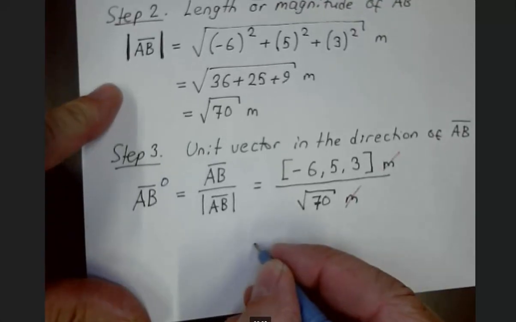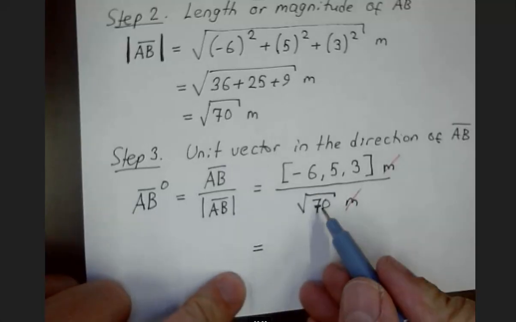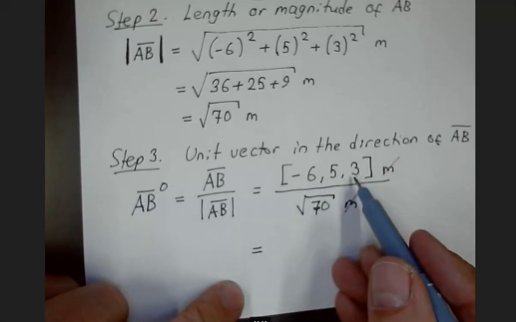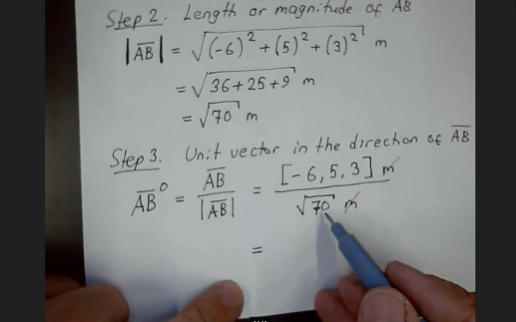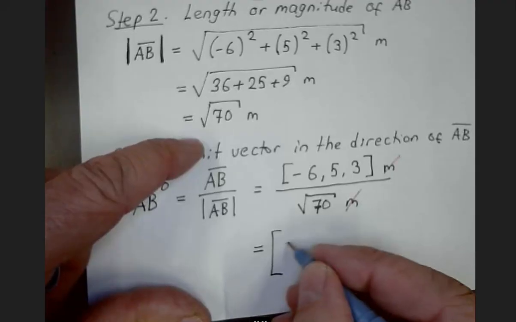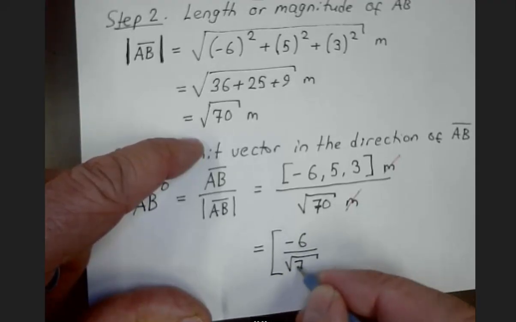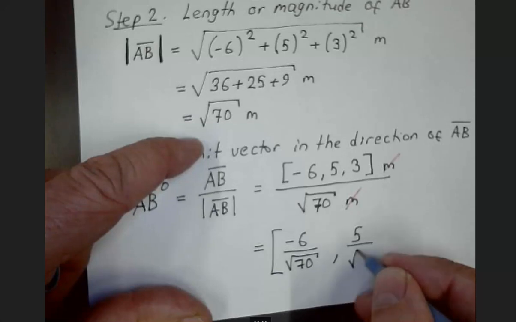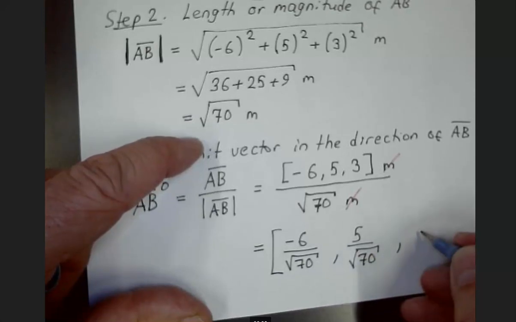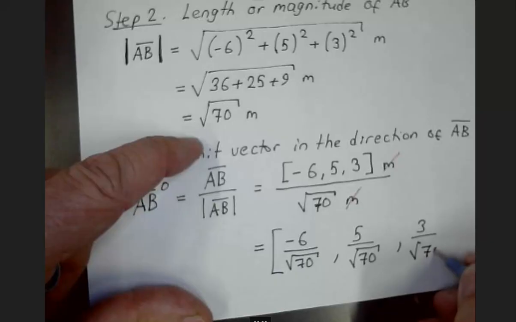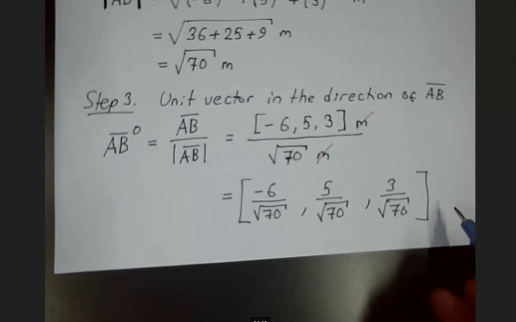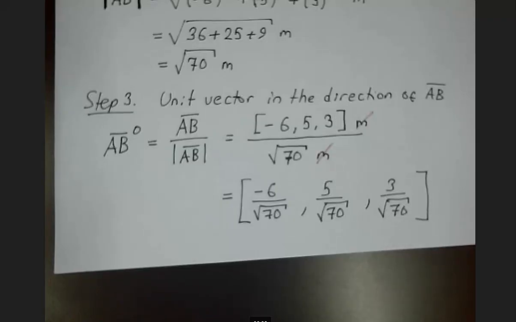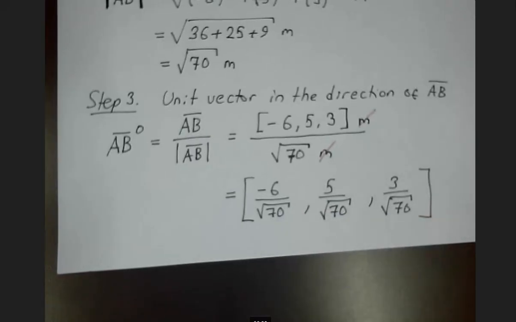So in this case we just divide every coordinate here by this same number, square root of 70. So we get this kind of unit vector. And this hasn't any physical units anymore. These are only simple numbers there.